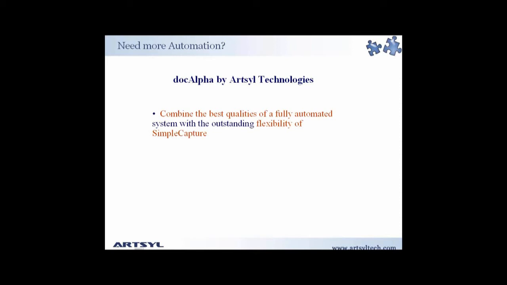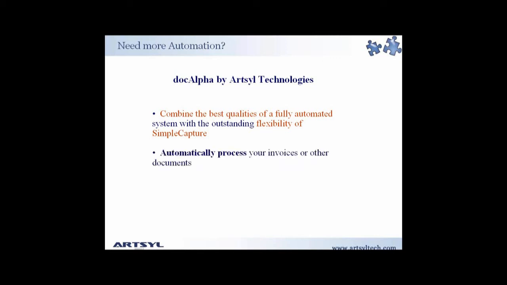Doc Alpha is a client-server application where all the processing is done on stations that typically run on the server, and the only user interface would be the scanning interface or the verification interface, which is essentially the same interface as Gary showed you with SimpleCapture.